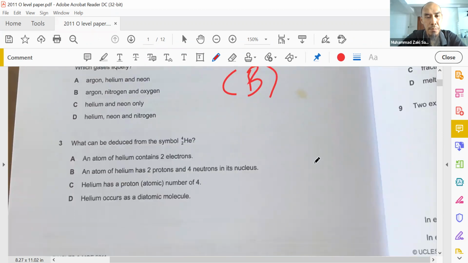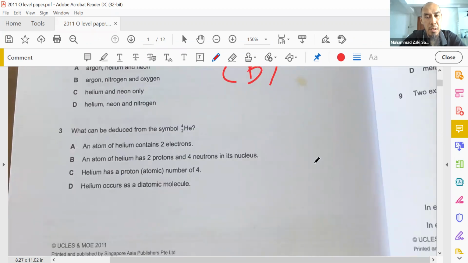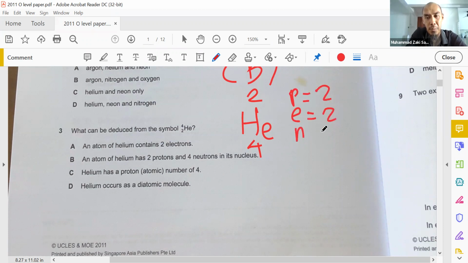Next question. What can we deduce from this? This is an old term. It should be 2 and 4. An atom of helium contains 2 electrons, is it correct? If you remember here, electrons, proton, neutron. Remember for helium, you have 2 protons, 2 electrons, and neutrons must be 4 - 2, which is equal to 2. So contains 2 electrons? Yes.